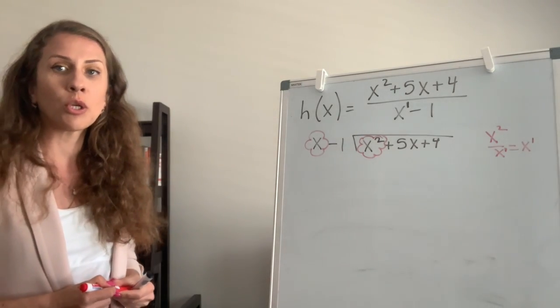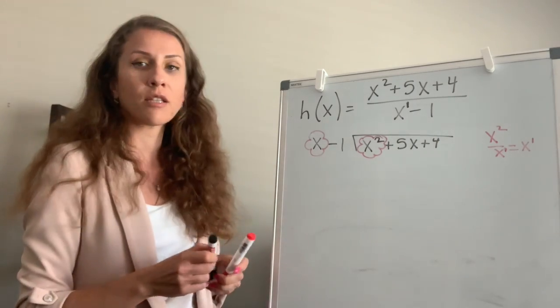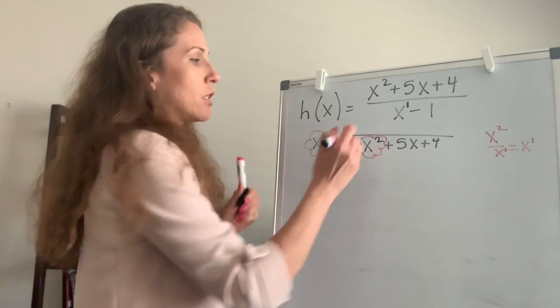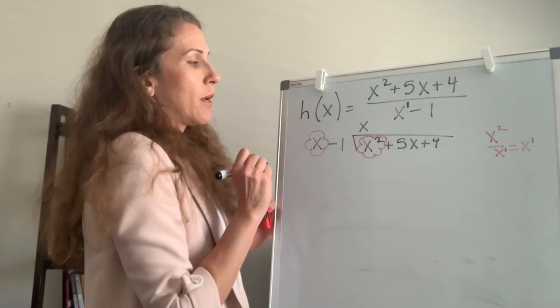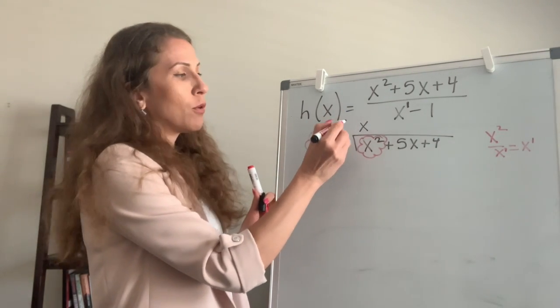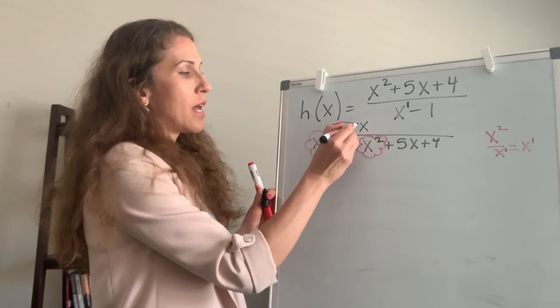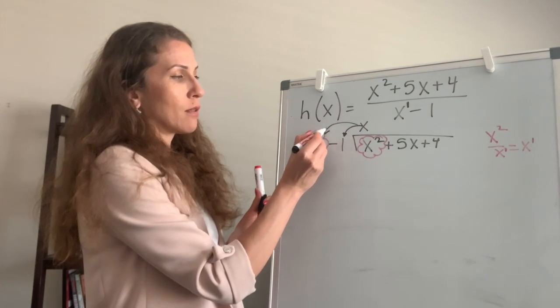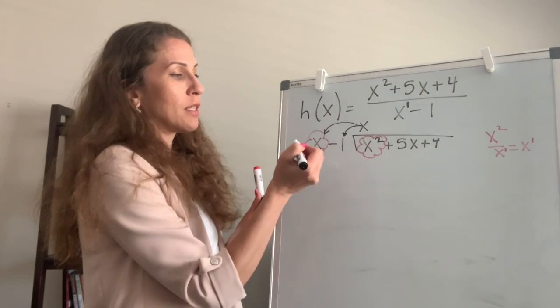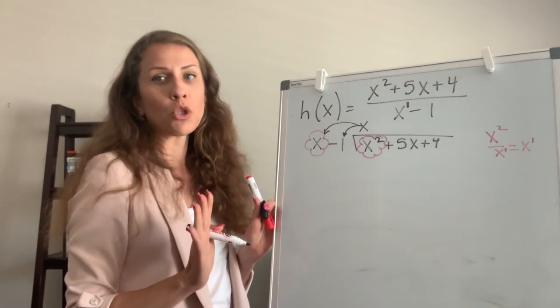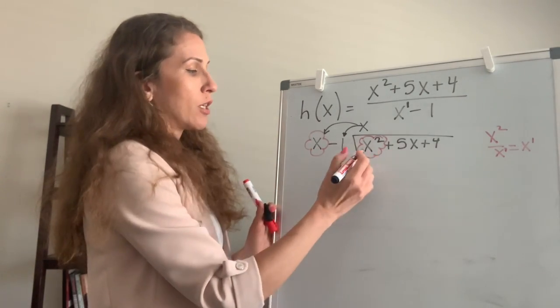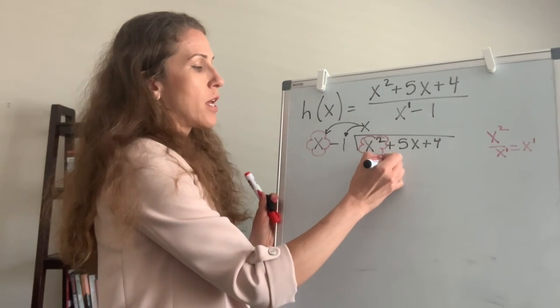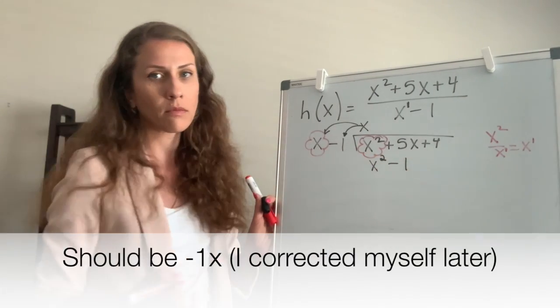This result goes to the top of your box, and that's the first part of your quotient. Then we're going to take the same x and multiply it by this x and this negative 1. So x times x is x squared, and x times negative 1 is negative x. Those two results will go below the box.